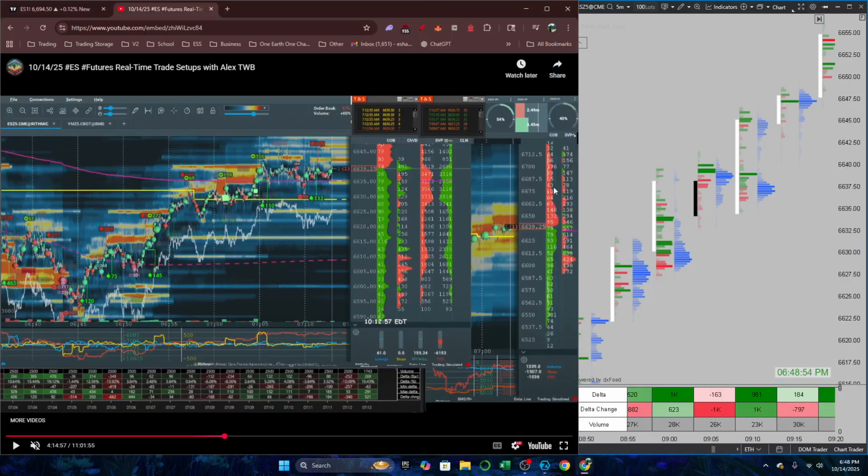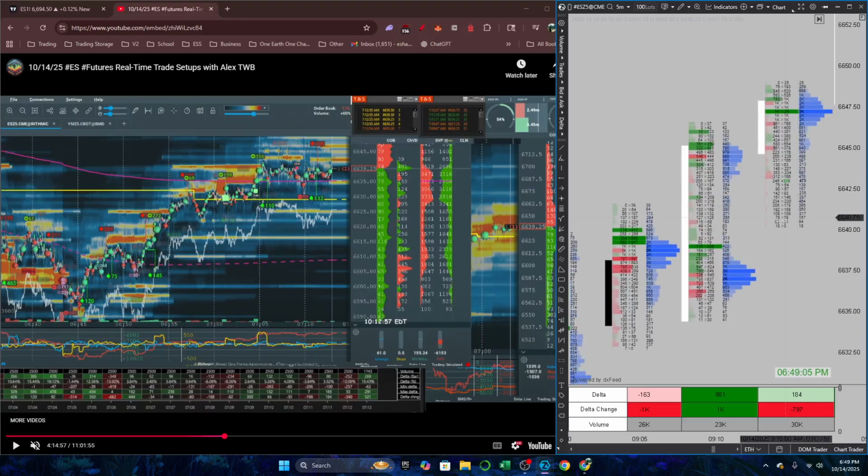We do have liquidity above, coming to this level. 12, 39. Nothing would have been taken there. No volume at that 35 region whatsoever.